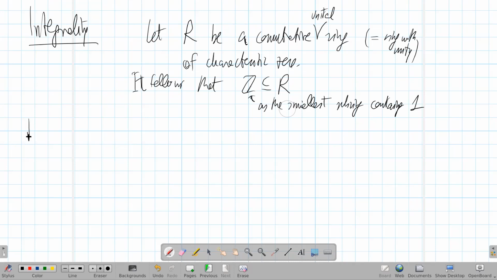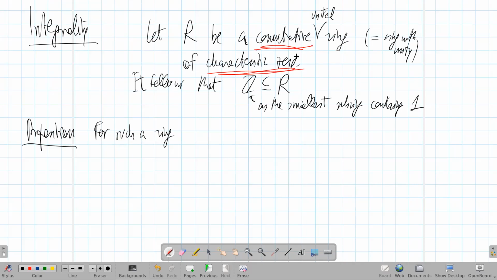Okay, so we have a proposition which states that for such a ring, so commutative and characteristic 0. So for instance, this does not apply to the group algebra, but it applies to its center, okay?